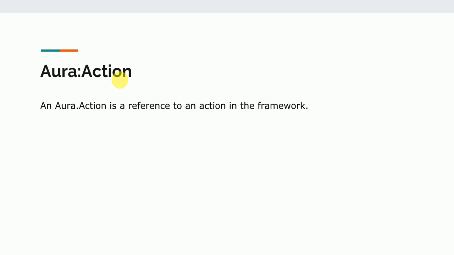This is not a best practice. The best practice is to use the component event, but as this is present here for practice purposes, just for the sake of that, there is aura action that we can also use to call the parent client side controller method. Let's go ahead and see how we can use this aura action to call the parent component method from the child component.